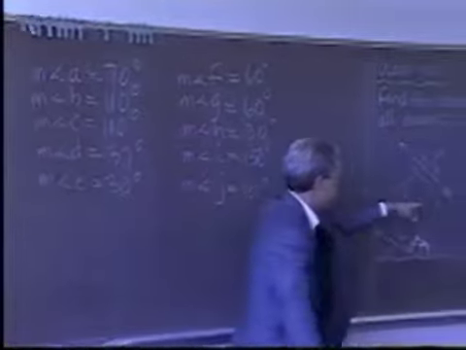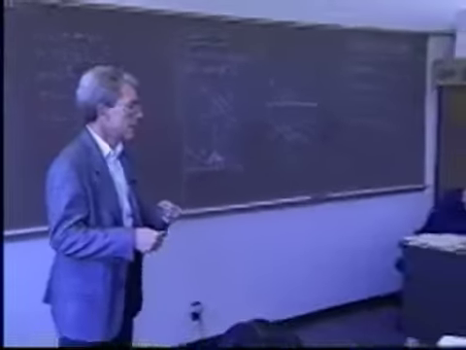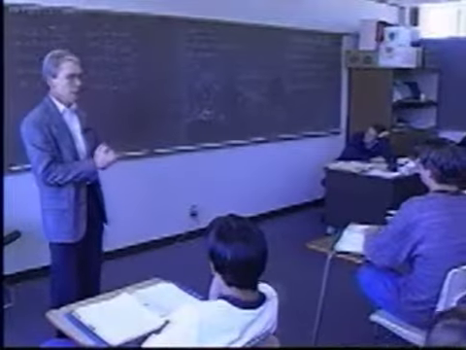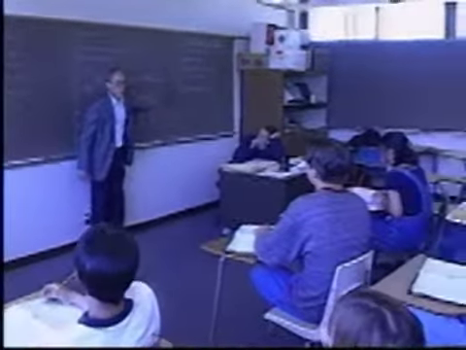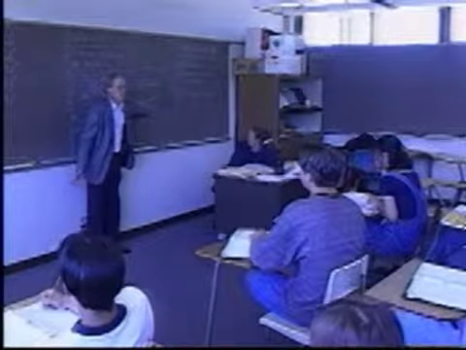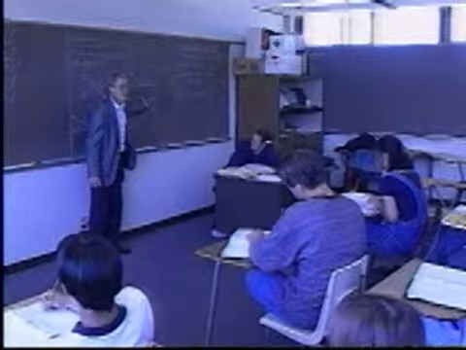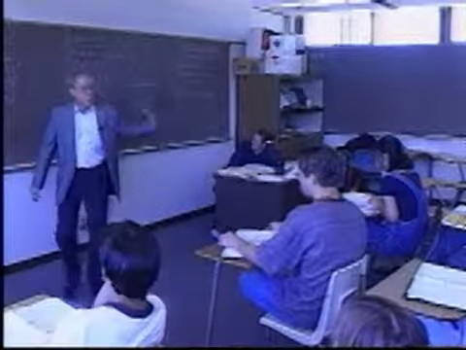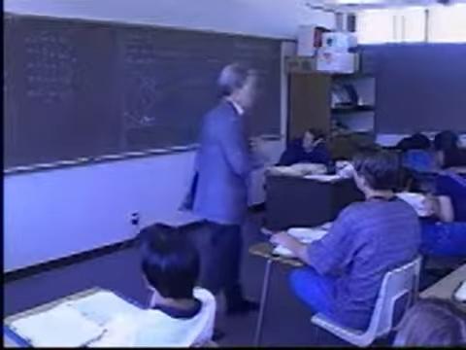Why does angle I have to be 150? What's the vertical angle on the other side? What do we have here? Plus is 150, therefore 150. Okay. Understand those? Good.